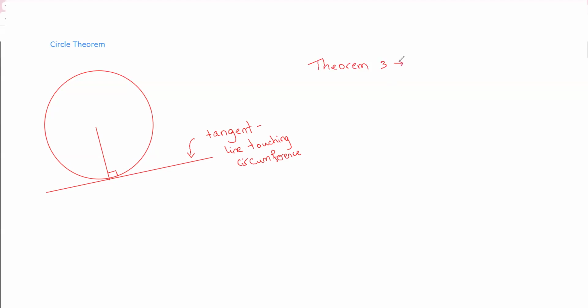So your Theorem 3 is: a tangent of a circle is perpendicular, this is what perpendicular means, meets at 90 degrees, to the radius of that circle at that point.